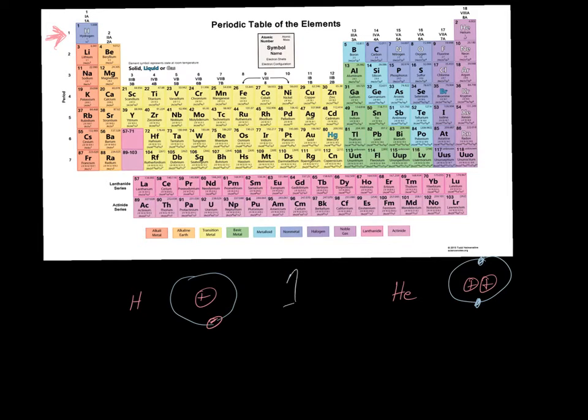Because the first shell only holds 2. That's it. There's a lot of details that we can talk about in this, but we're not going to. All right, so that's it for the first energy level. That explains hydrogen. It explains why hydrogen and helium only have 2 in their valence shell, their outermost shell.